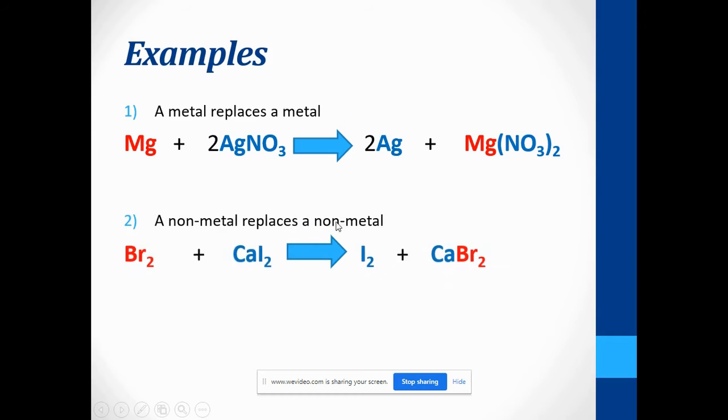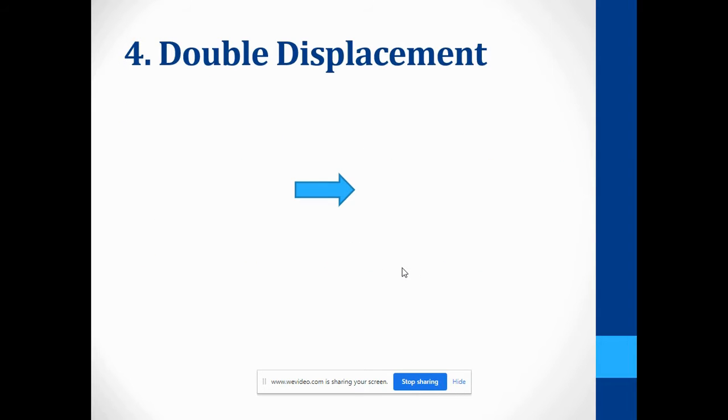A nonmetal can also kick out another nonmetal. So bromine can come in and kick out iodine to get the results right here. So these are both examples of single displacement.